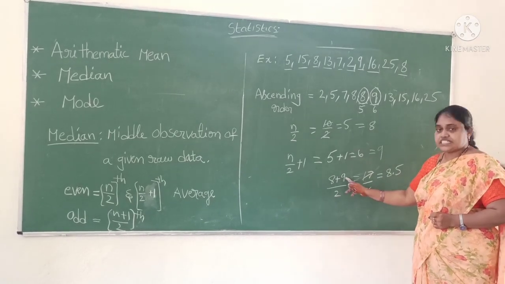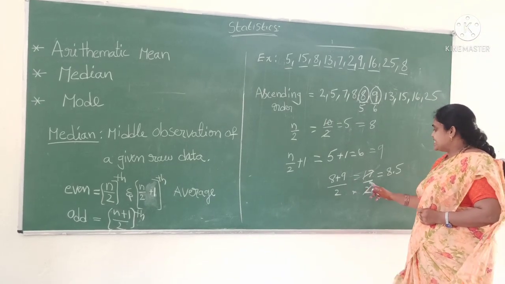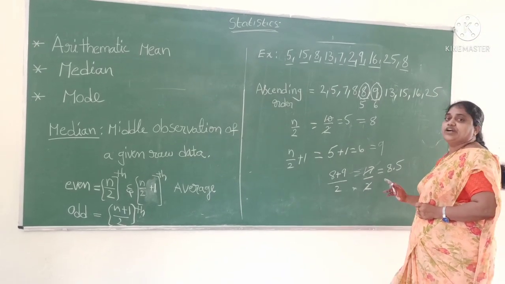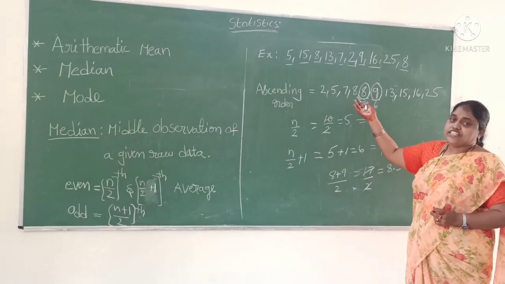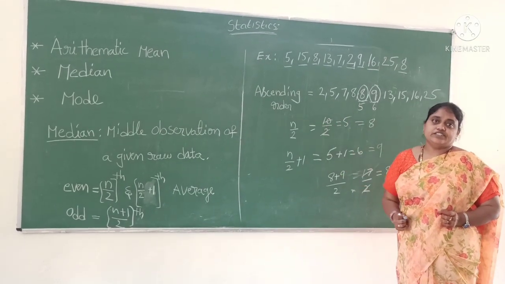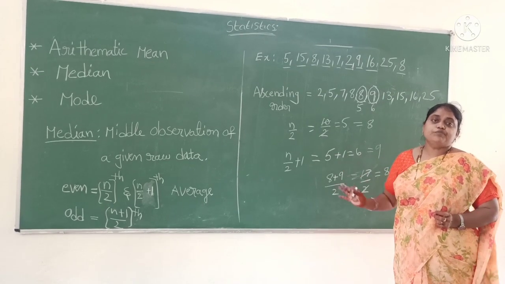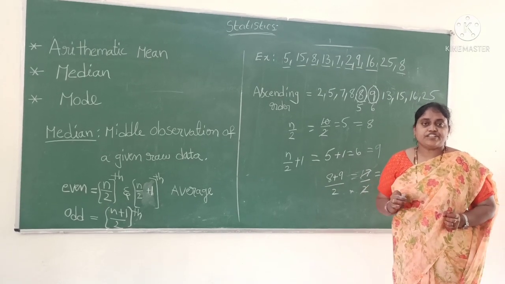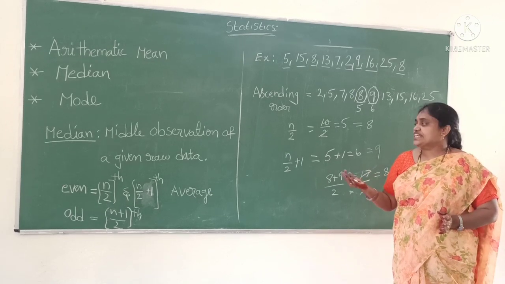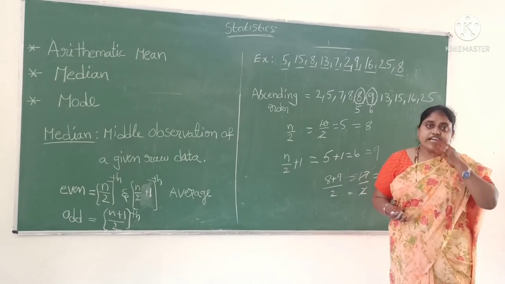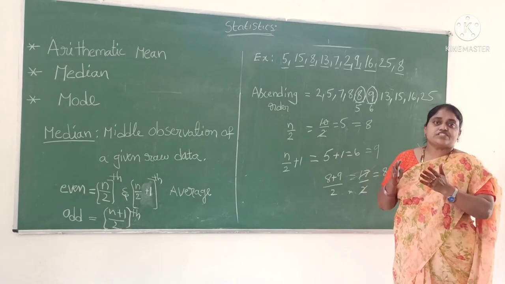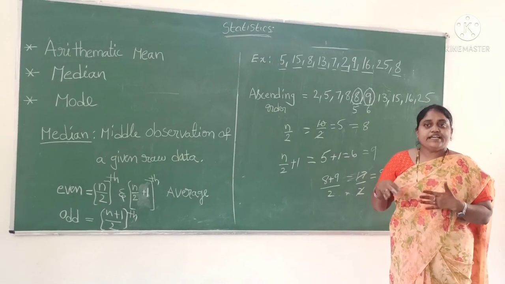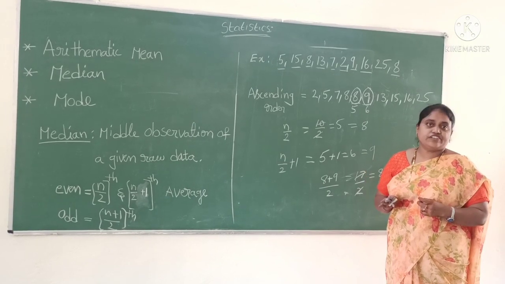So 8 plus 9 by 2, that is 17 by 2, that is 8.5. 8.5 is the median when the observations are in odd number and when the observations are in even number.